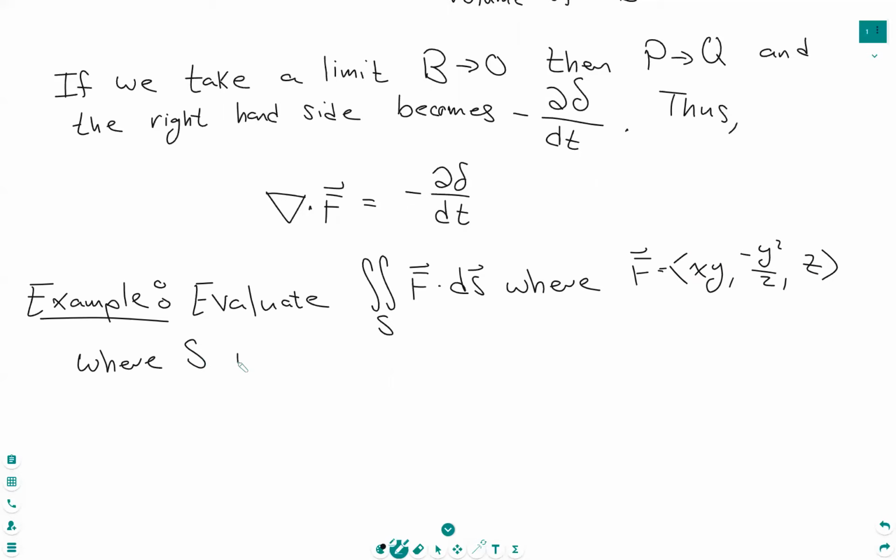Where S is the union of z is equal to 4 minus 3x squared minus 3y squared where z is bounded between 1 and 4.